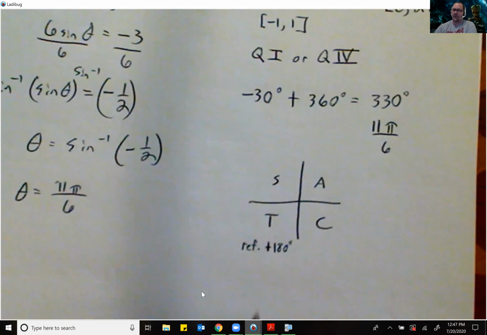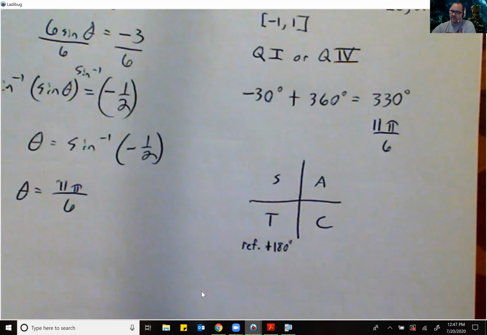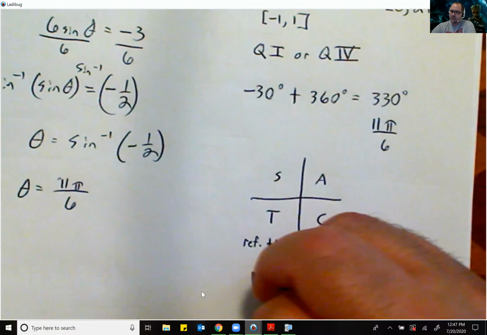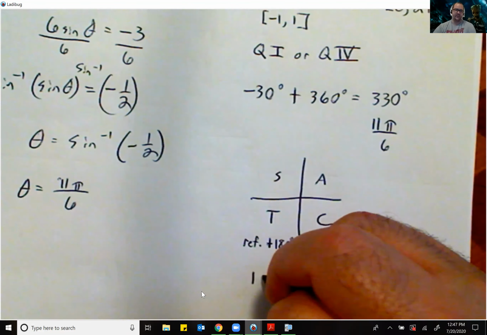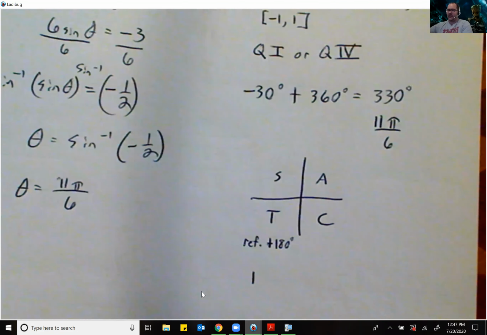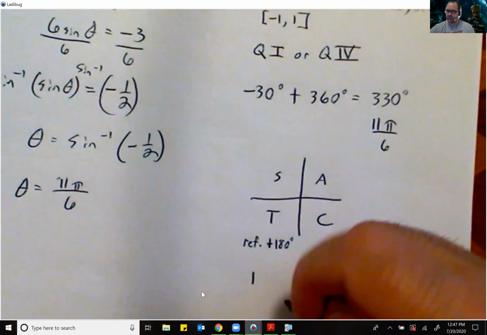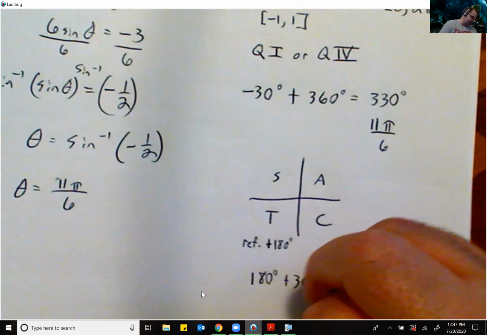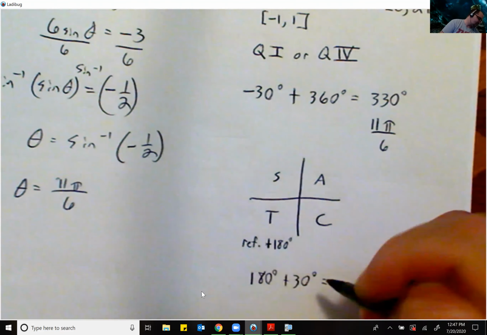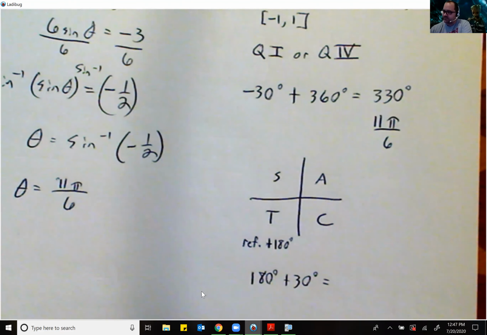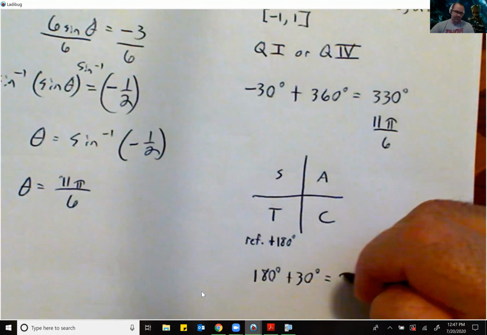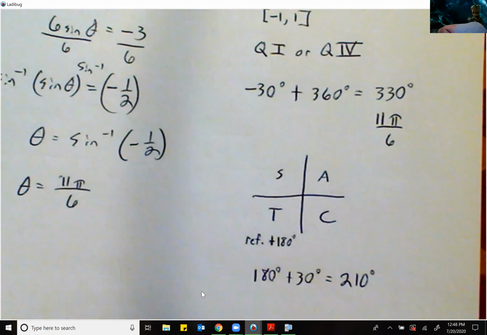So to find our other angle, we're just going to take our reference angle, which is 30 degrees, and add 180 to it, or 180 degrees plus 30 degrees. And that gives us 210 degrees. That is another angle where sine is a negative 1/2.